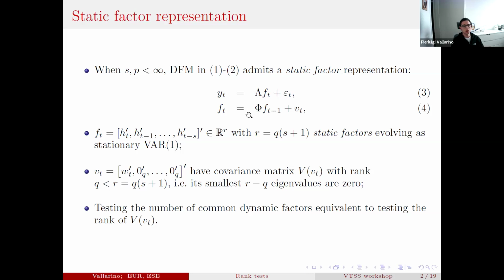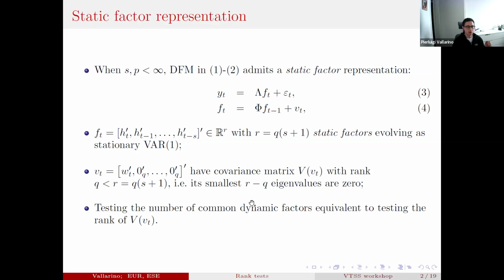Essentially, the stationary VAR(1) for the static factors is the companion form of the previous VAR(P). And as always, in companion form, the innovations v_t take this particular form that we can read here. The first q terms are the innovations of the VAR(P), while the remaining entries are 0. Therefore, the covariance matrix of v_t is necessarily singular.